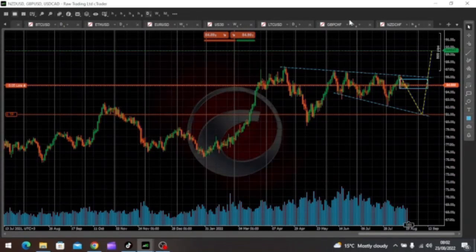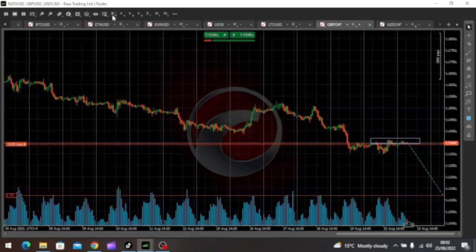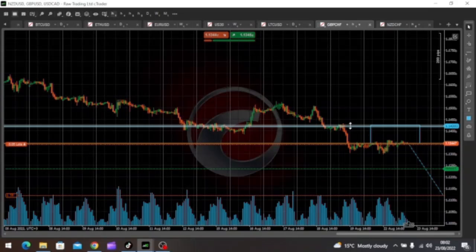The pound Swiss franc is fantastic, and it's a very short-term trade. This one you can take even now in the market. We are operating in the blue box area. We may even have the blue box come all the way up to the 1.40203 area.